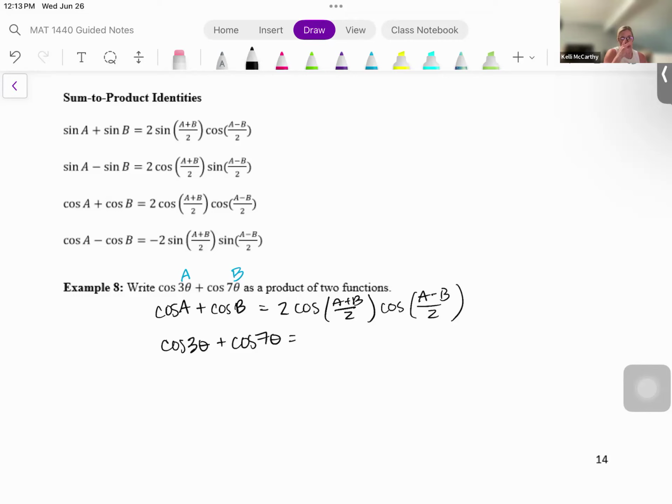Substituting in our values for A and B, cosine 3 theta plus cosine of 7 theta is equal to 2 times cosine of 3 theta plus 7 theta divided by 2, times cosine of 3 theta minus 7 theta divided by 2.